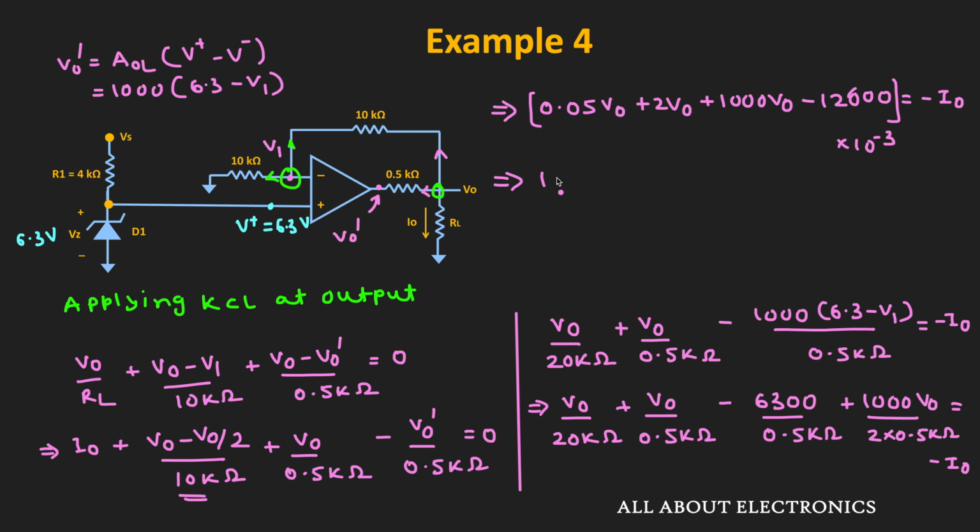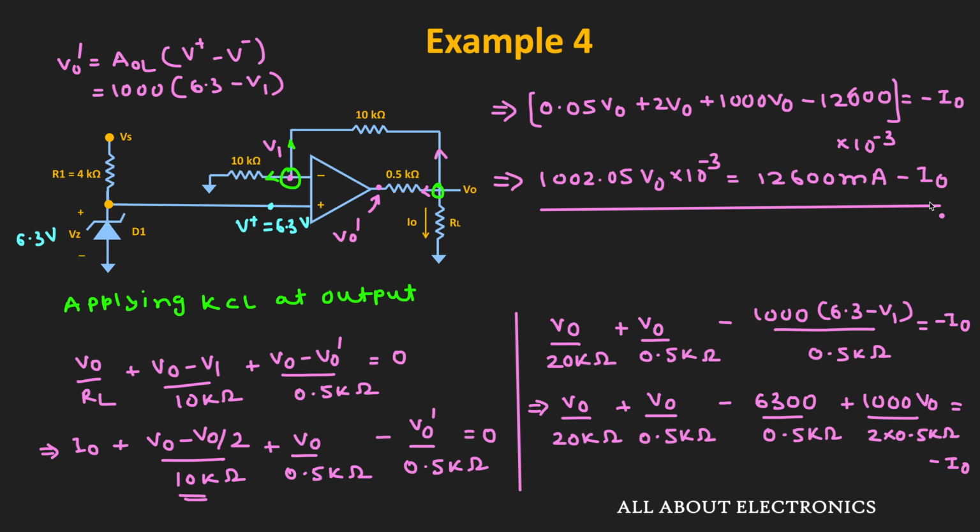So that is equal to 1002.05 times V0 times 10 to the power minus 3, that is equal to 12600 milliampere minus I0. In this way, we got the relationship between the output voltage and the output current.